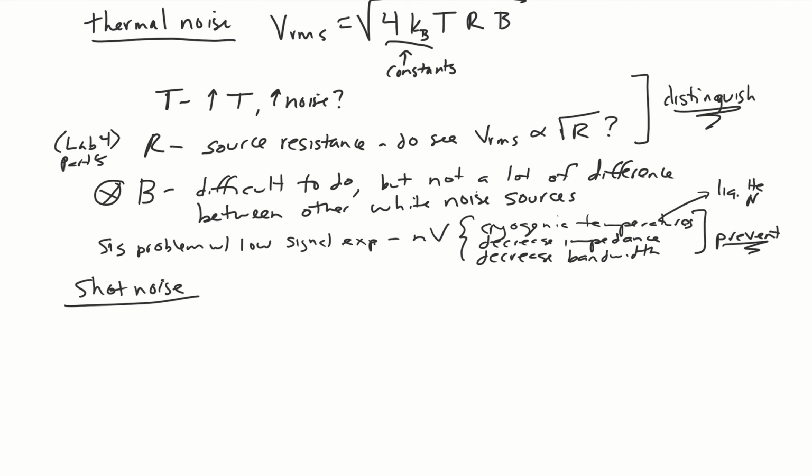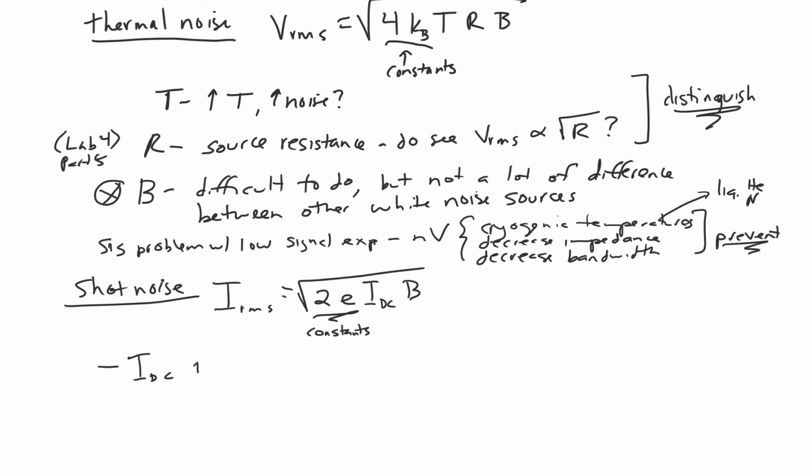So let's move on to shot noise, where we had IRMS is equal to the square root of 2 times the fundamental charge of the electron, your average DC current, and your bandwidth here. So again, 2 and e are constants. There's no way to change those. If you're trying to distinguish shot noise, this leaves just your current.